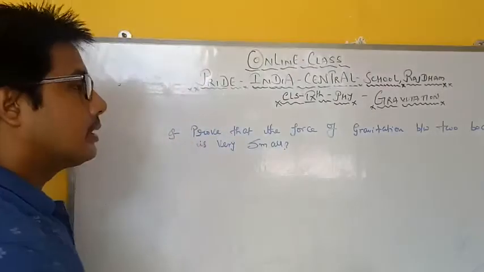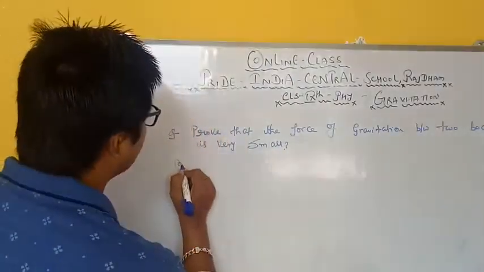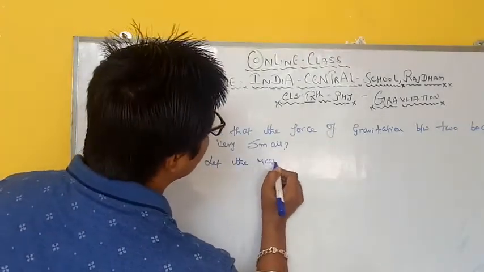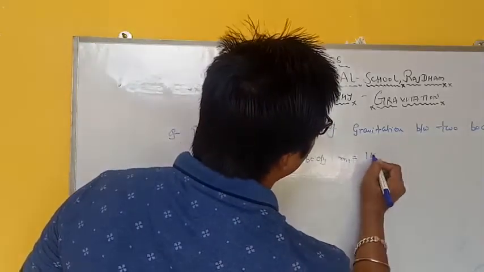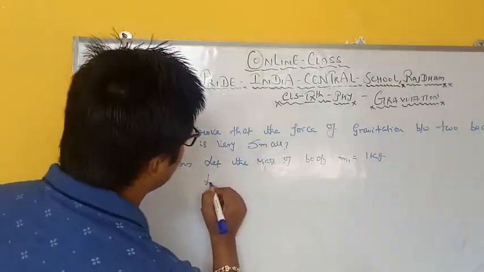How will you prove that the force of gravitation between two bodies is very small? We will see to it. Let the mass of body m1 be equal to 1 kg.